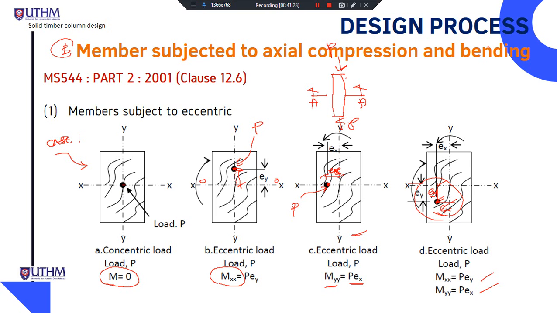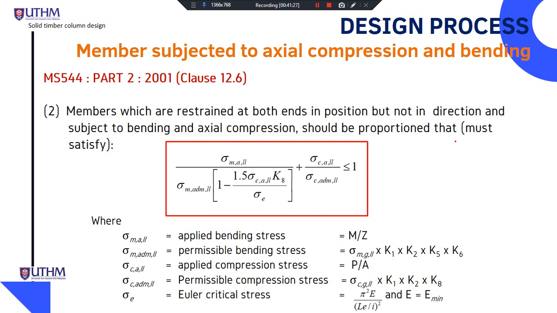For this case, we refer to clause 12.6, and this equation is given in this clause. This equation is used only for combination of axial compression and bending.